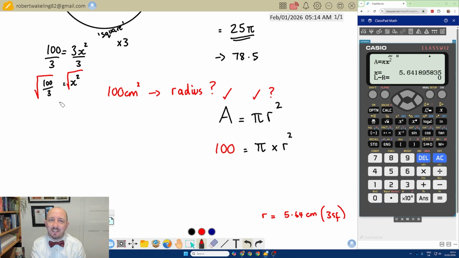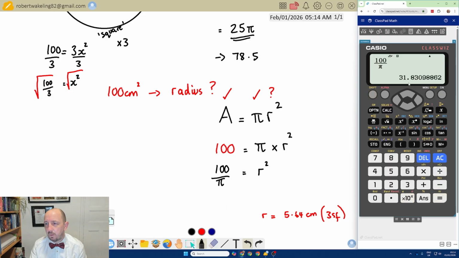Now this looks scary at the moment because we've got the fractions in there, but these are just numbers. 100 divided by 3 is roughly 33, and then we're going to take the square root. So let's just try that over here. We're going to divide by pi, the 3, divide by pi, and that will leave us with the radius squared. Let's just see what 100 divided by pi looks like. 31 point something. So 31.8 equals the radius squared.